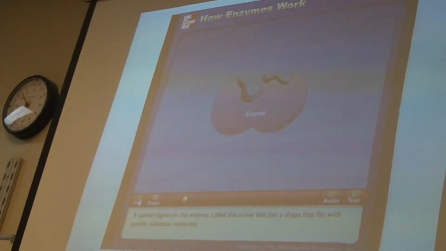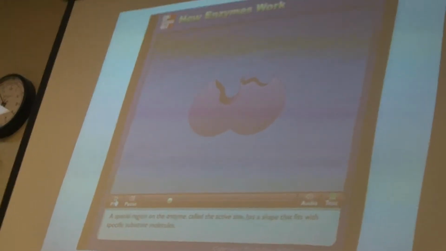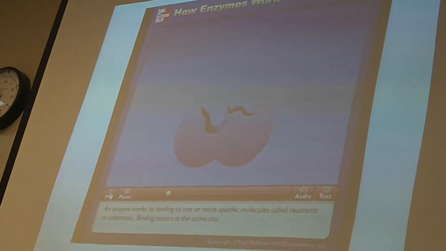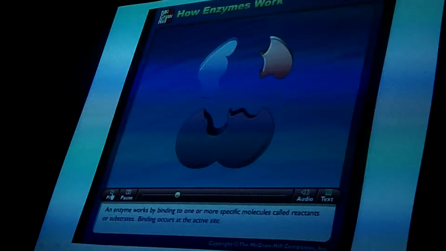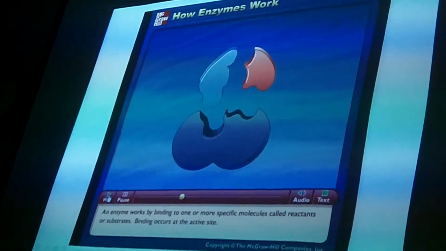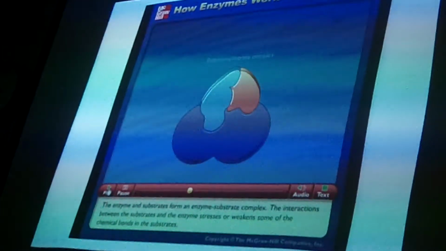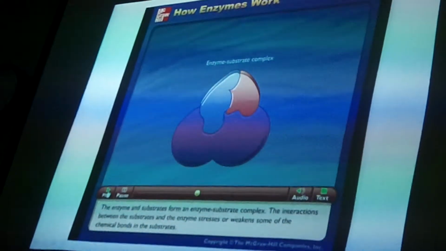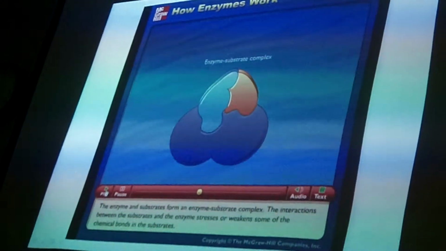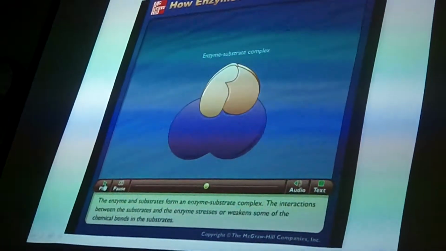The enzyme has a region called the active site, which has a shape that fits with specific substrate molecules. An enzyme works by binding to one or more specific molecules called reactants or substrates. Binding occurs at the active site. The enzyme and substrates form an enzyme-substrate complex. The interactions between the substrates and the enzyme stress or weaken some of the chemical bonds in the substrates.